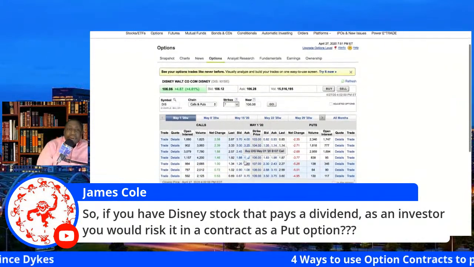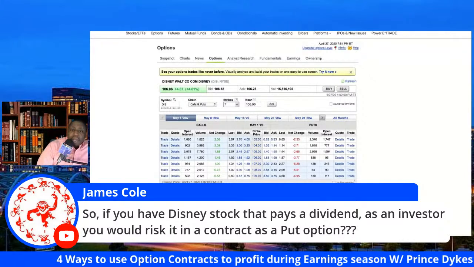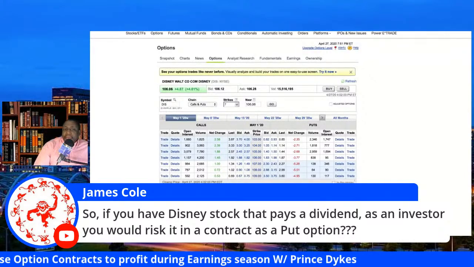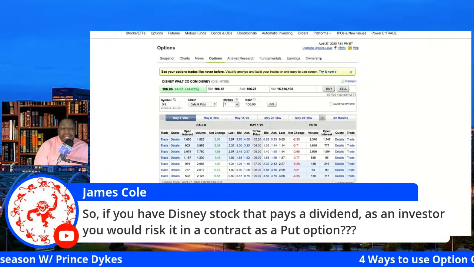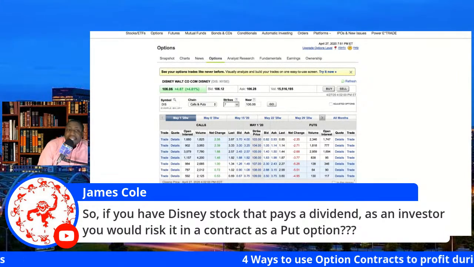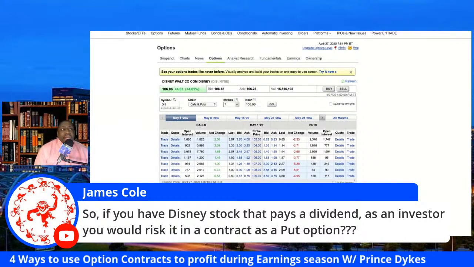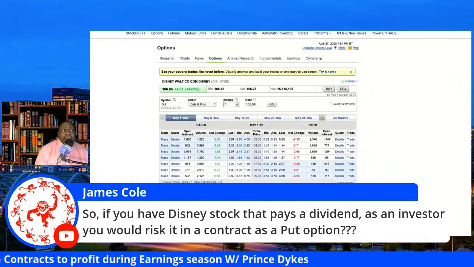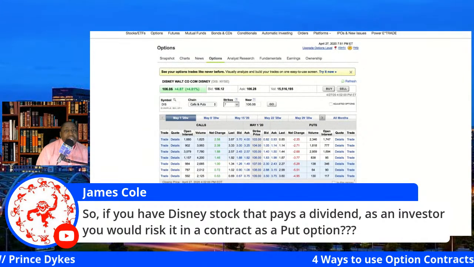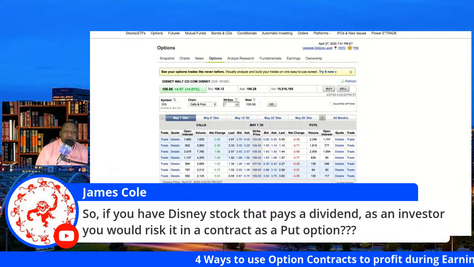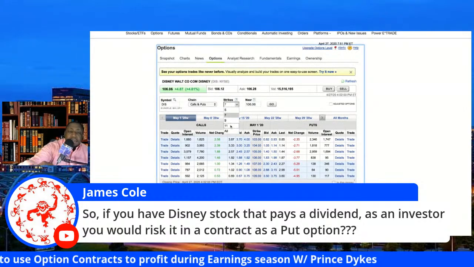Here we go. May 1st, you own Disney. It's $106, right? Let's say you bought Disney for $110 and it's just sitting there. You're like, man, how can I make some money? You know what? I paid $110 for these stocks. I don't mind selling them for $111. Let me see if somebody's willing to pay $111 for my stocks. May 1st, let's look.